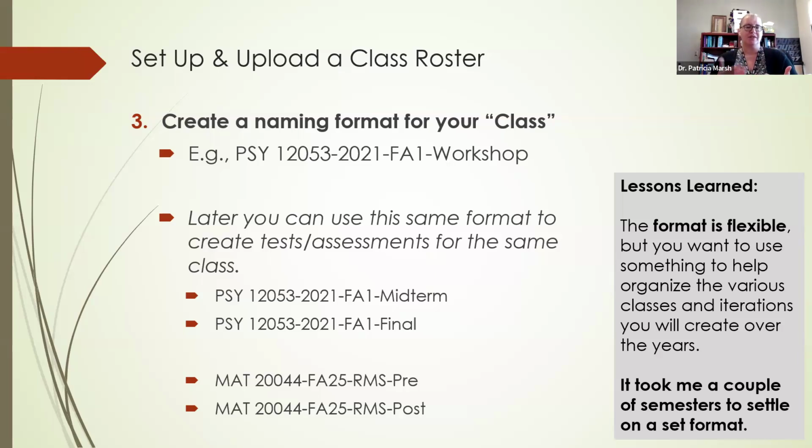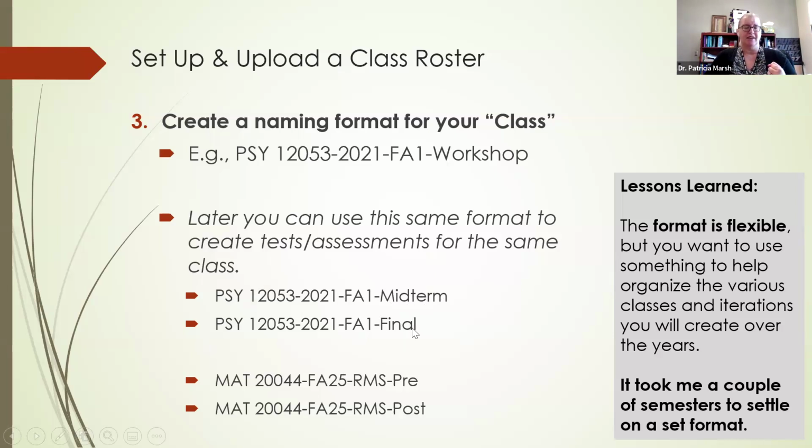So some of the screenshots include a roster that I created just for this presentation, so that way I'm not using any real student names. At the bottom are typical ways that I've labeled things. So it's the same class, except one of the assessments or exams that I'm going to do is the midterm and one's the final.